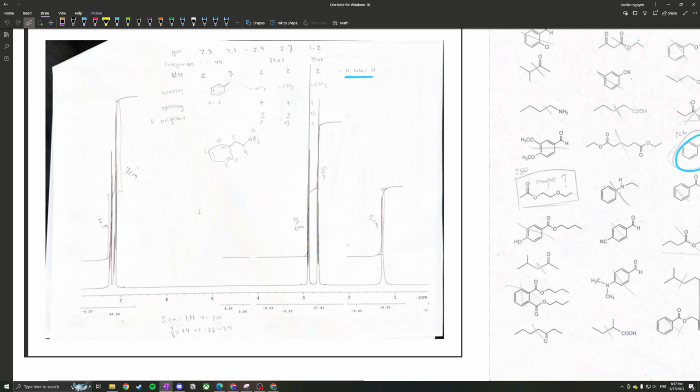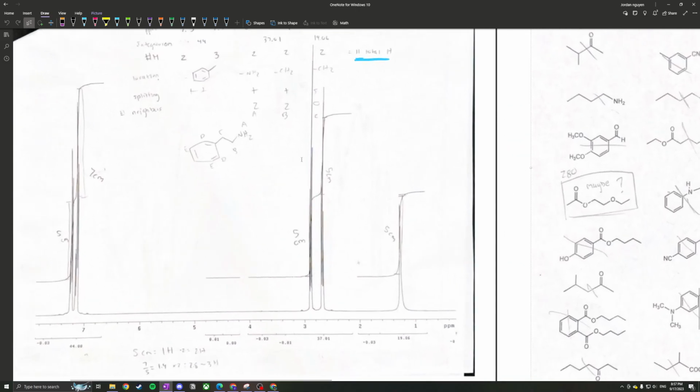For the other ones, I couldn't really tell if the lines split off into a triplet. I assumed it was a triplet because I saw little cut off peaks, and instead of being visibly a singlet, there are some lines around there, so I just assumed it was a triplet.